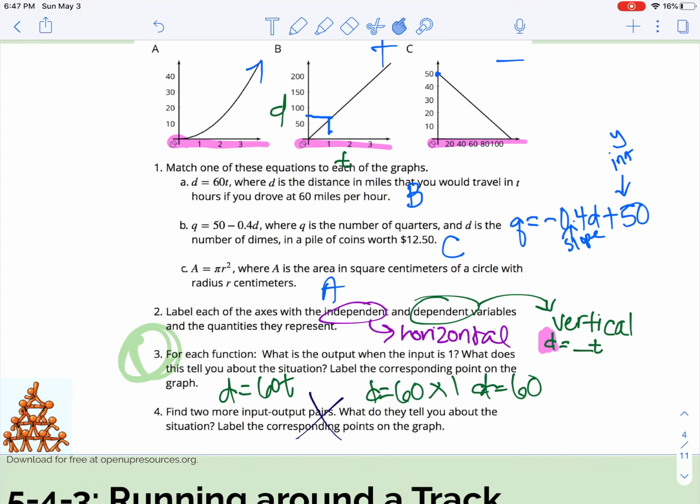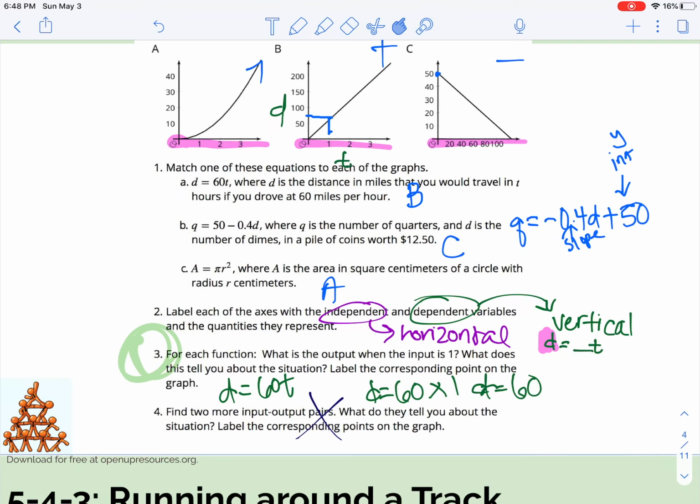The independent variable is T. That's how I knew to put the 1 into the T. If you get confused, 9 times out of 10, you're just plugging whatever the information is into what is on the other side of the equal sign from that variable that's all alone, the variable that's depending upon all the other information in that part of the equation. So that's how I figured that out.